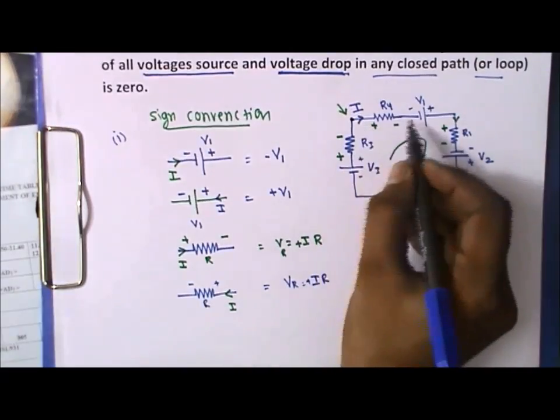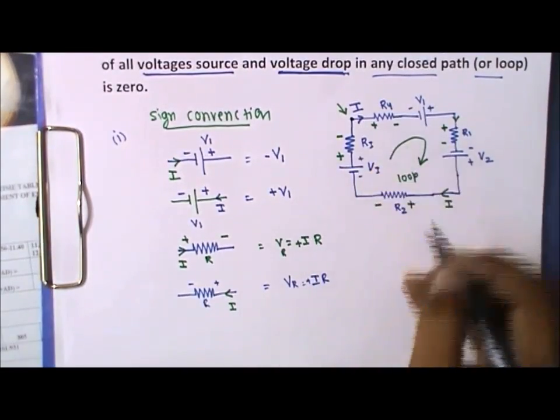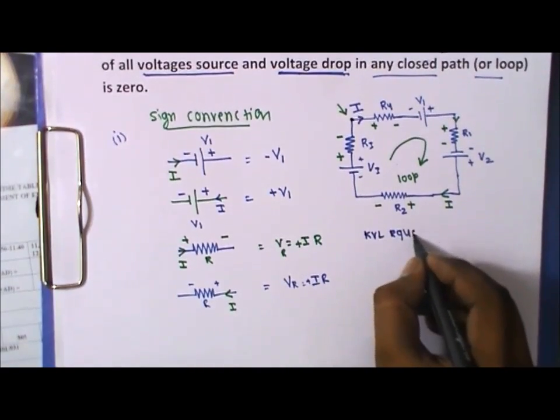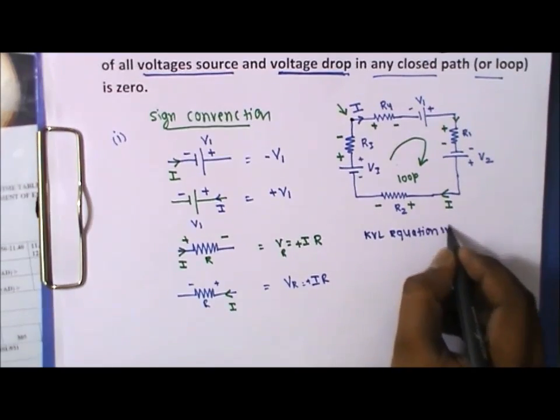So current की direction में पहले साइन क्या आ रहा है प्लस का, then we have to write the KVL equation in the loop.